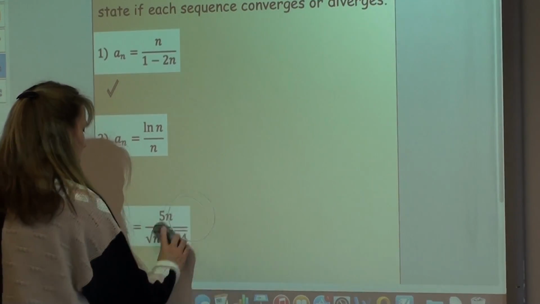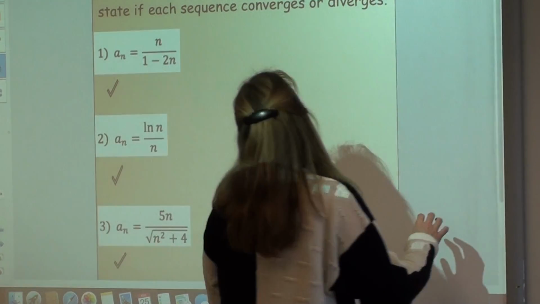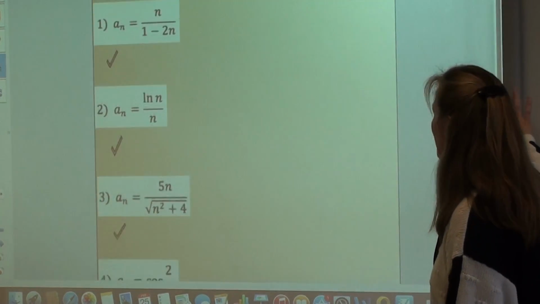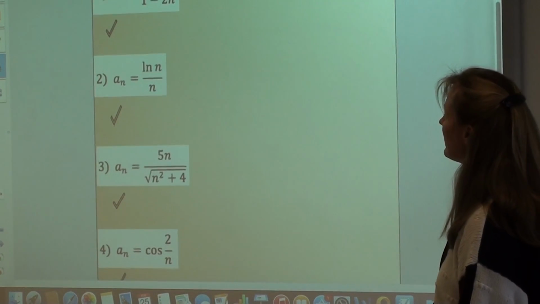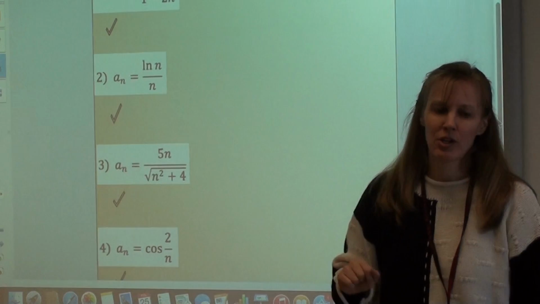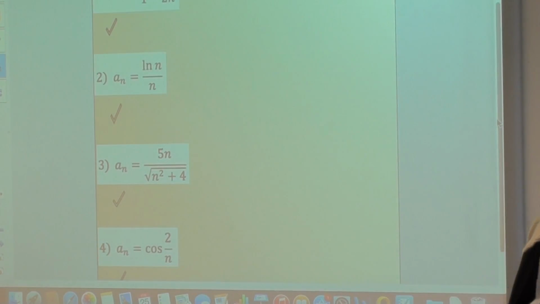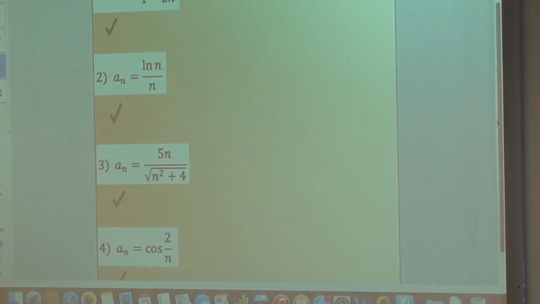Just for fun, I want you to see if you can find the limits of the following 4 sequences, and then based on your answer, tell me if it's convergent or divergent. So take a minute, find all 4 limits, and then determine if the sequence converges or diverges.